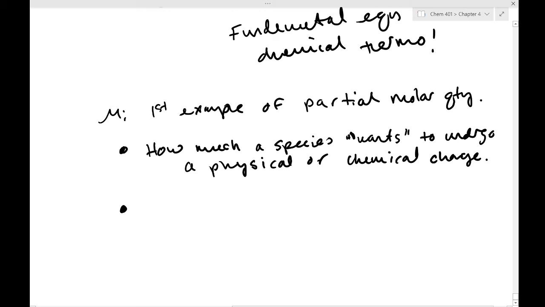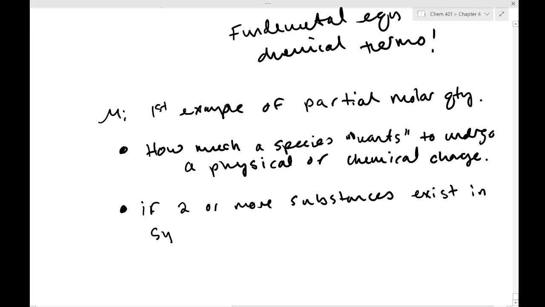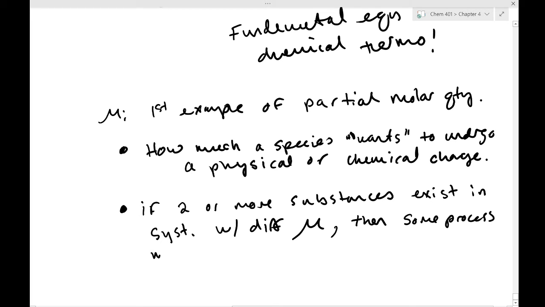Another interesting bit of the chemical potential is that if we have a mixture, so two or more substances that exist in a system together, and these two or more substances have different chemical potentials, then some process must occur to equalize the chemical potential values.